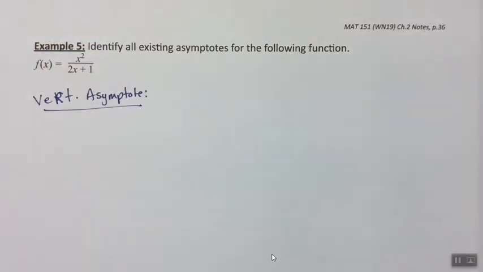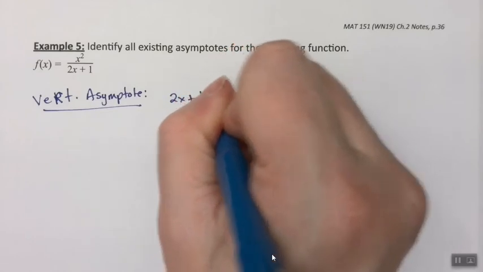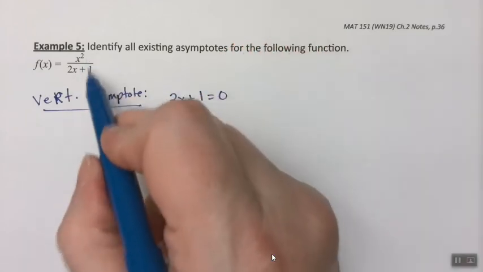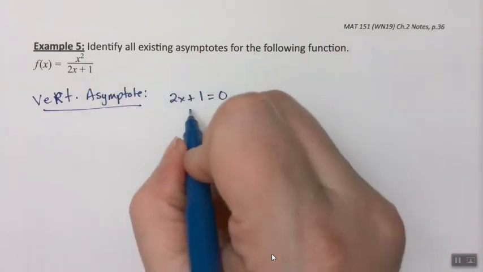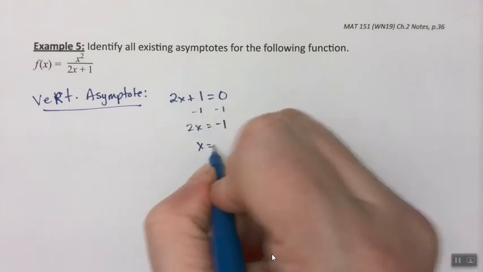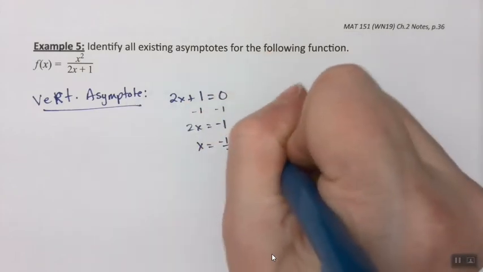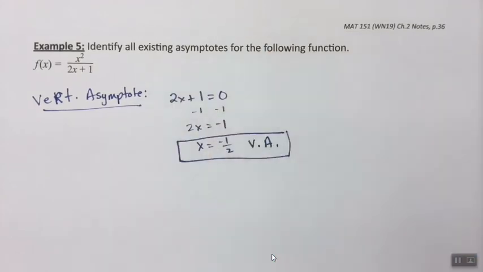Okay, so 2x plus 1 would be equal to 0. This is already simplified, so I don't need to worry about simplifying. Subtract 1, 2x equals negative 1, x equals negative 1/2. So my vertical asymptote is right there. Vertical asymptote, VA. Done.